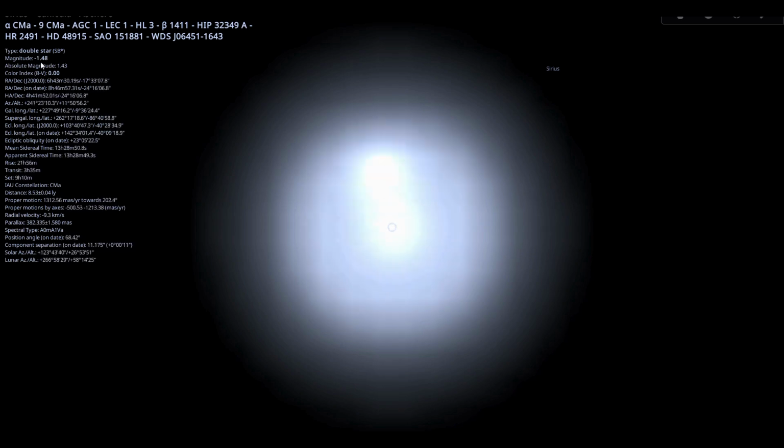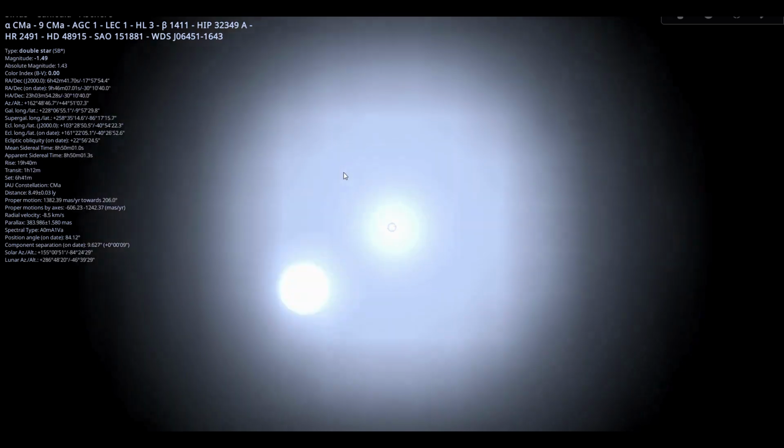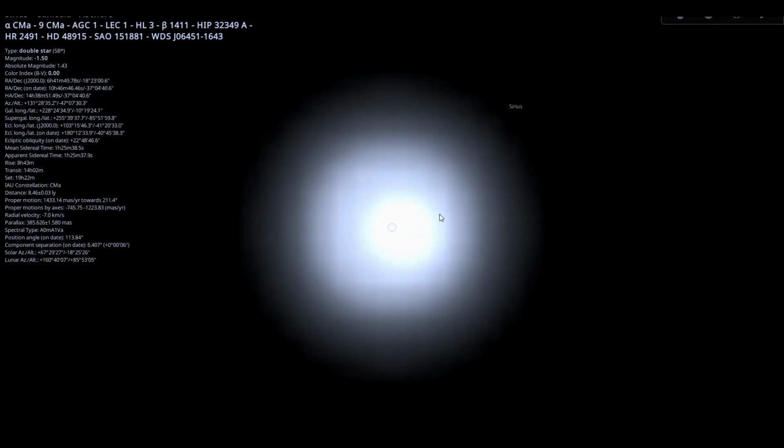1.46 to 1.47, 1.48. As you can see, Sirius A and Sirius B's magnitude changes over years. So what I'm showing you right now is actually happening... oh my god, wait, let me just pause the time.